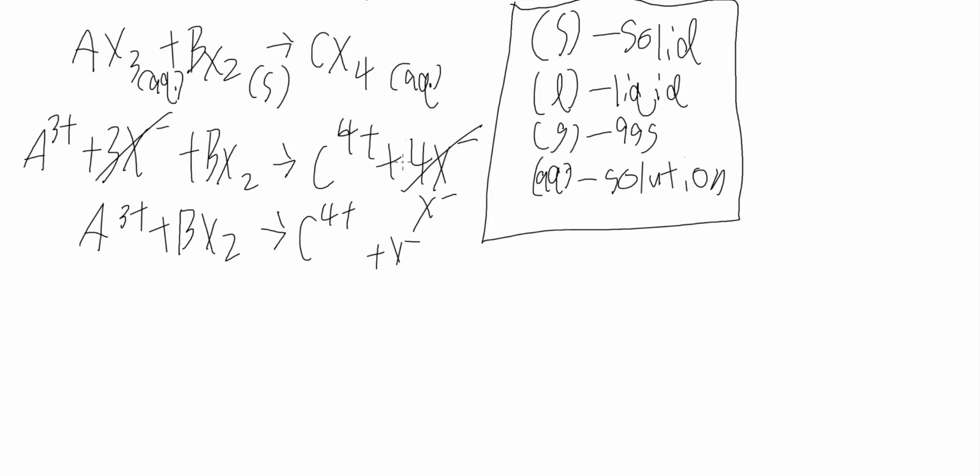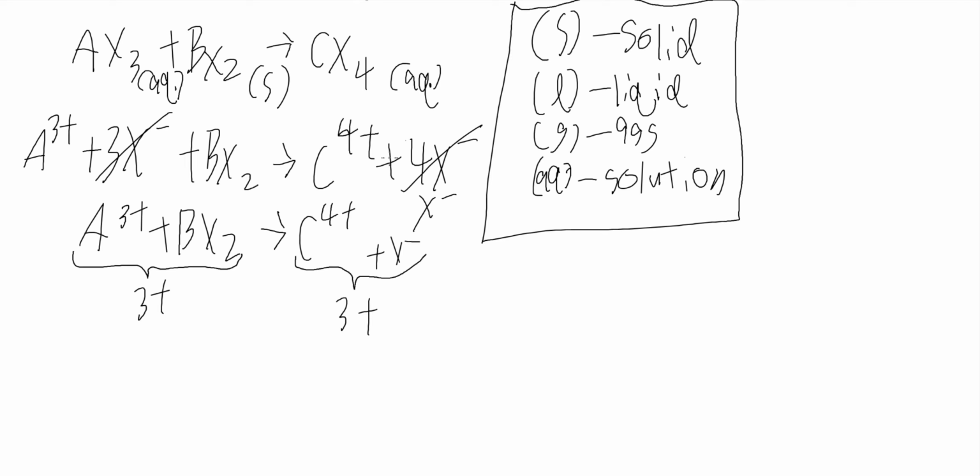This is another concept that we will cover later. On this side, you'll see a charge on the A3 plus, and on this side, you'll see a charge on C4 plus and a charge on the X negative 1. These two add together to become 3 plus. This is what a net ionic equation is.